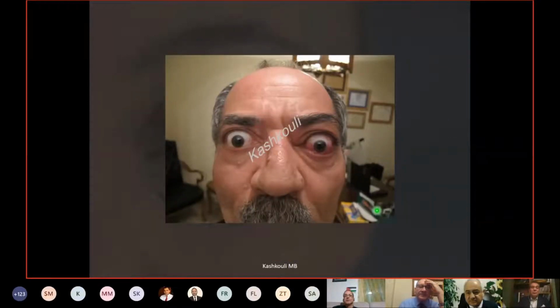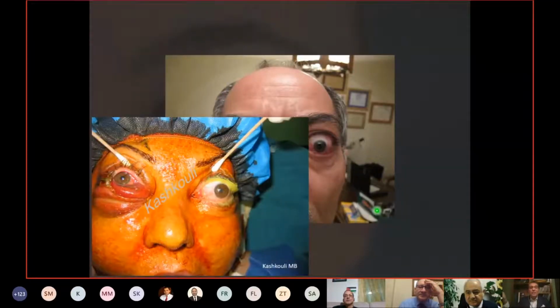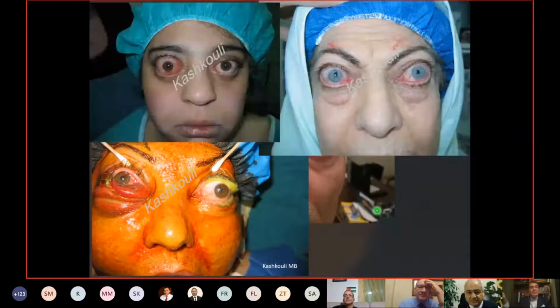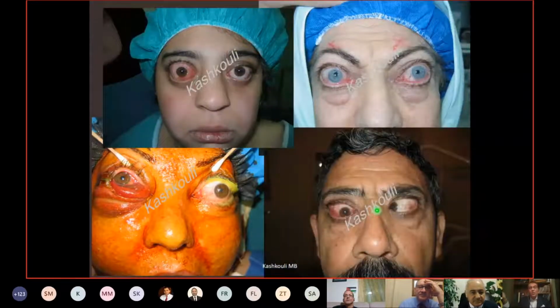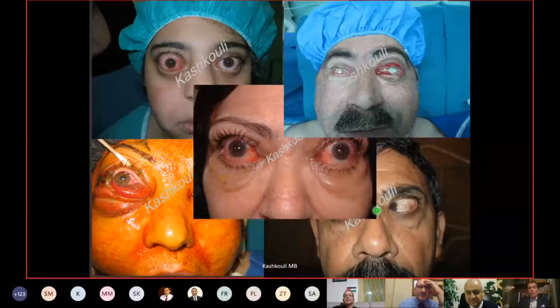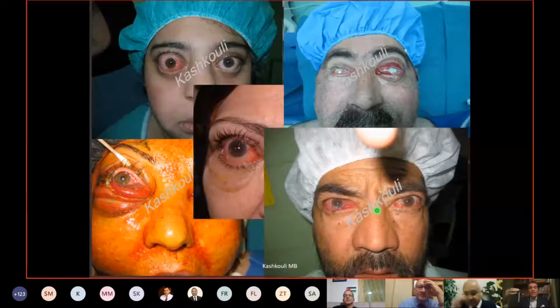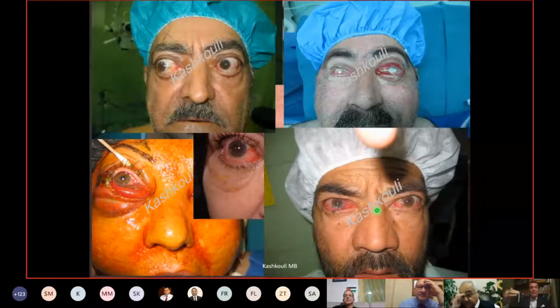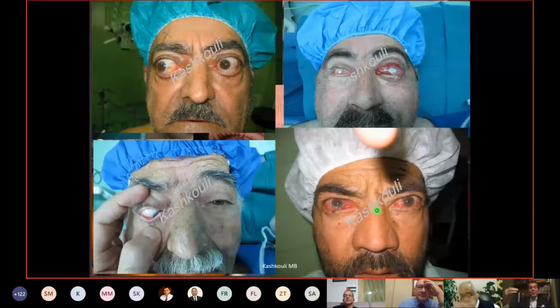As you see here, different kinds of functional, very severe ones. These cases, you can take them to the OR and do whatever procedure from orbit, sometimes just eyelid, strabismus, everything to save their vision and to relieve the pressure they are under.